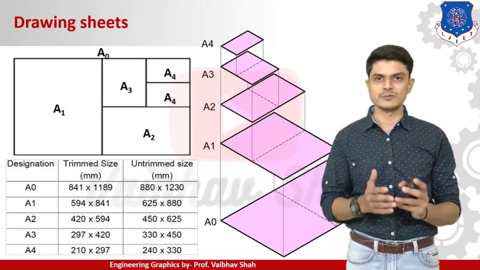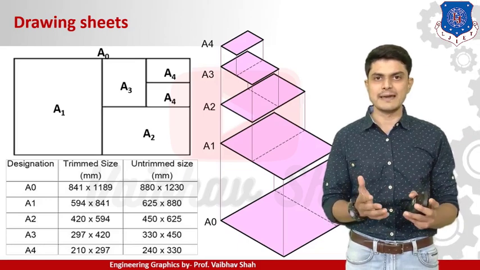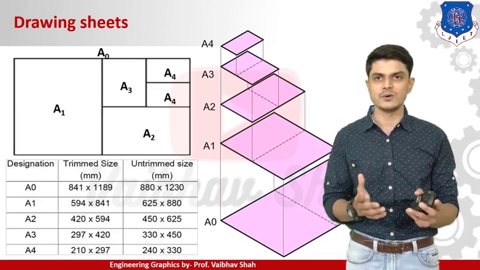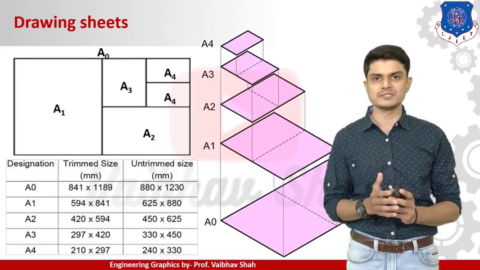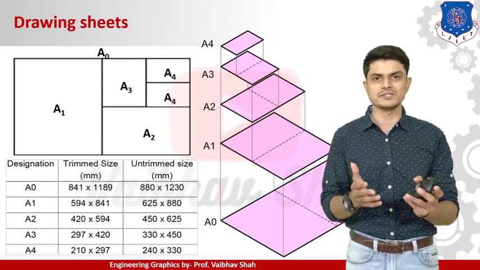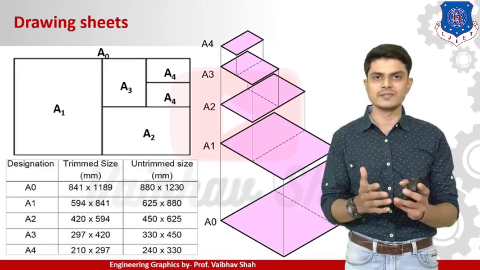Now for the A2 size sheet, we take the dimension of the A1 size sheet, which is 594 by 841. We have to select the length from these two dimensions. 841 is obviously the greater dimension, so it must be the length of that sheet.